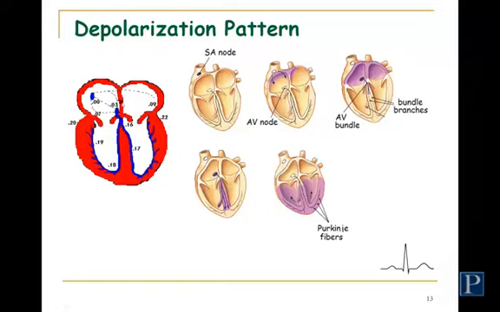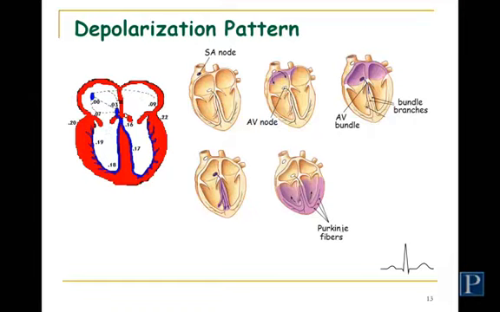But if you look at the numbers from here to here, how much time has elapsed from it reaching the AV node to getting to the bundle branches? That is 130 milliseconds. Remember I said you're going to hear that number again. That represents the delay that has occurred through the AV node and the bundle of His.